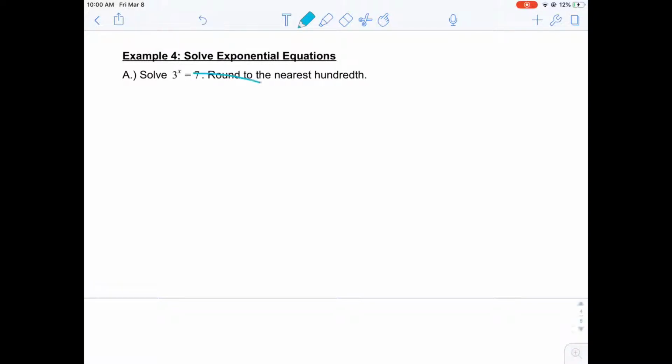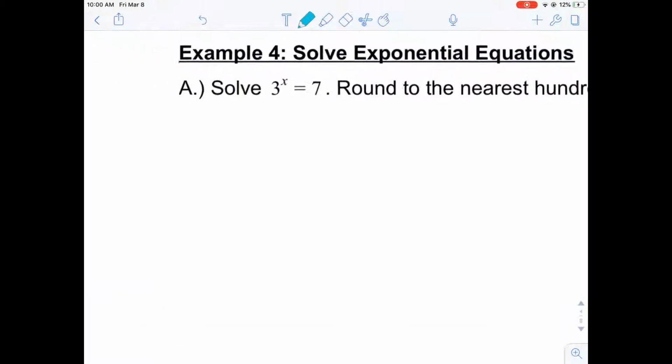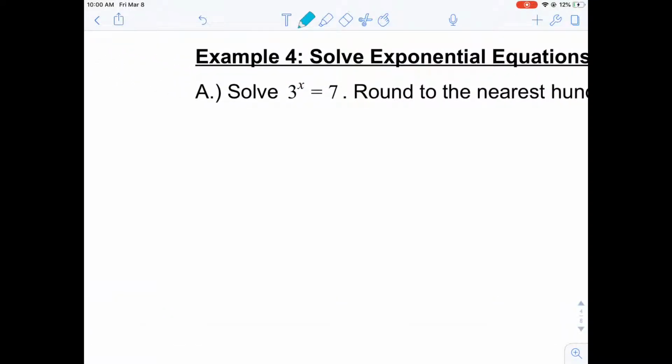So if we have 3 to the x is equal to 7, what I want to do is take the log of both sides, because remember the one-to-one property of logs. I can do that because I know that 3 to the x is equal to 7.